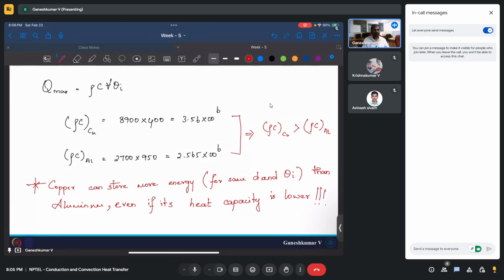Okay, so even though its heat capacity is lower, the amount of energy it can store is higher, because of sheer volume, sheer mass increase because of density.